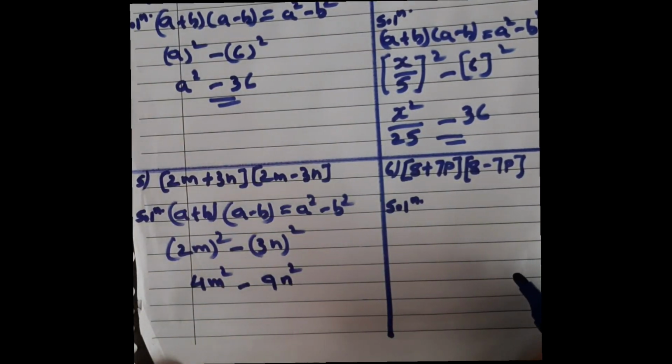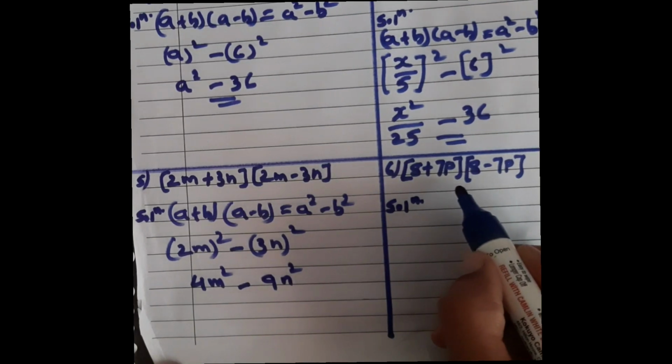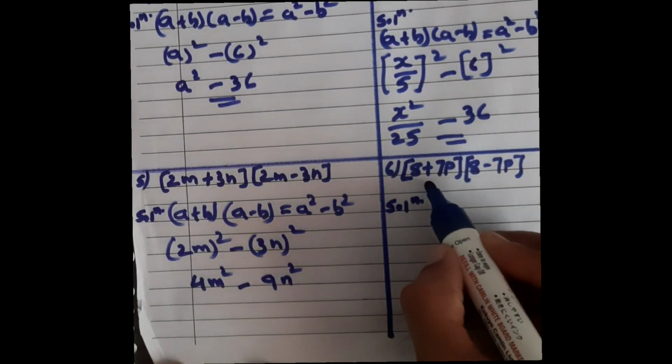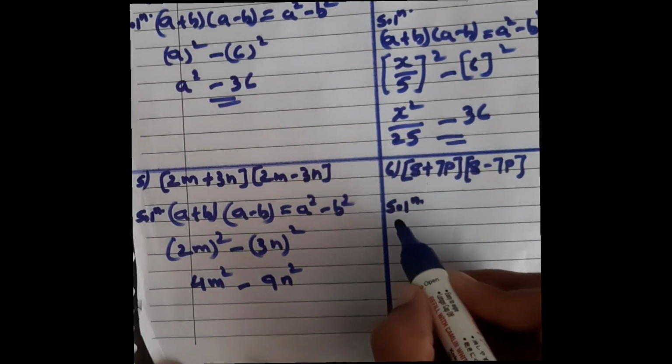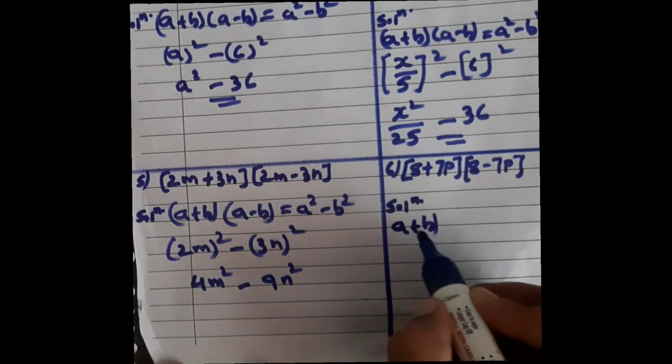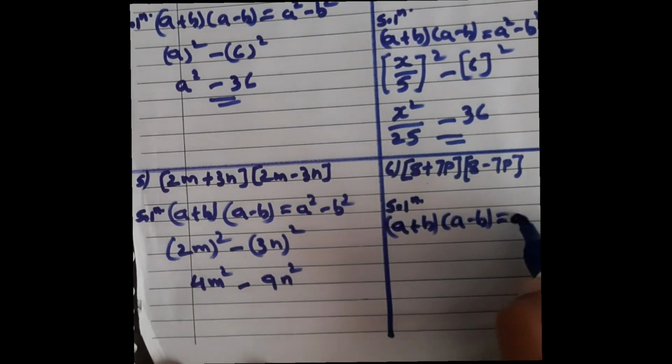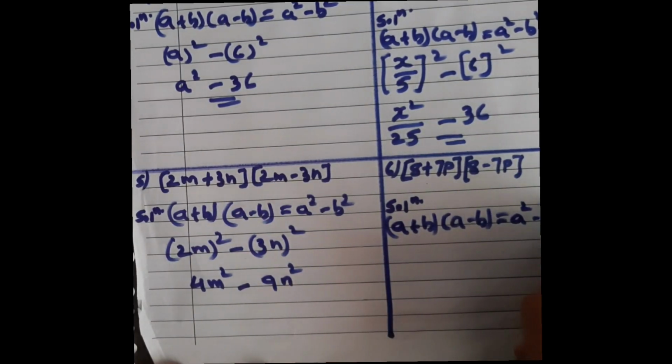Last question, sixth question, (8 + 7p)(8 - 7p). This is also in the (a + b)(a - b) form. (a + b)(a - b) says a square minus b square.